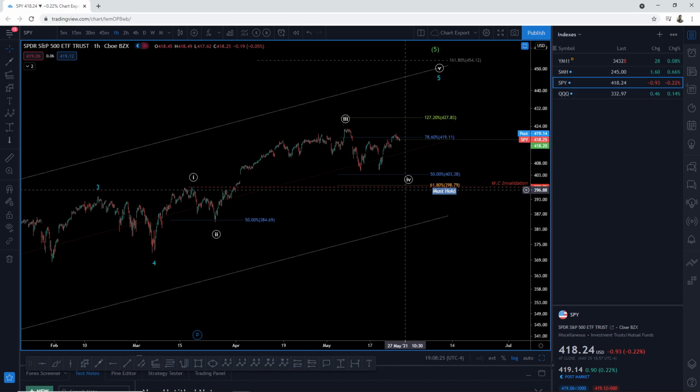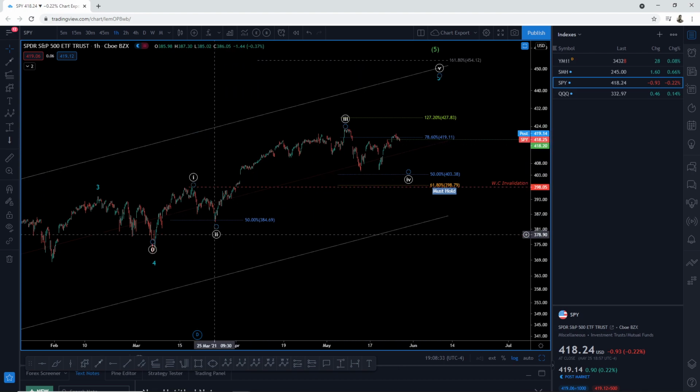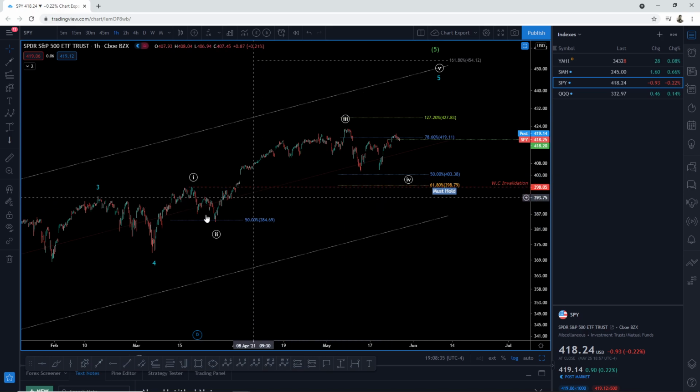Now, wave 4 has been a sideways correction. If you're familiar with the guideline of alternation, it states that either of the two corrections, the wave 2 or the wave 4, can be directional or sideways. In this case, wave 2 will normally be the directional correction, while wave 4 is the sideways correction. This is exactly what we have at play over here.